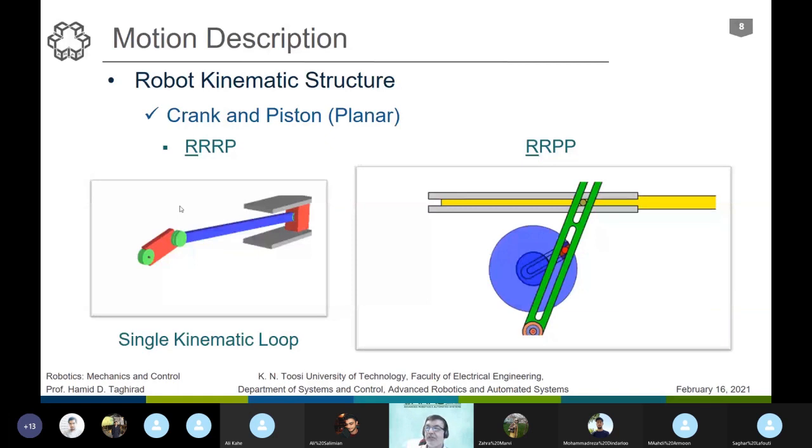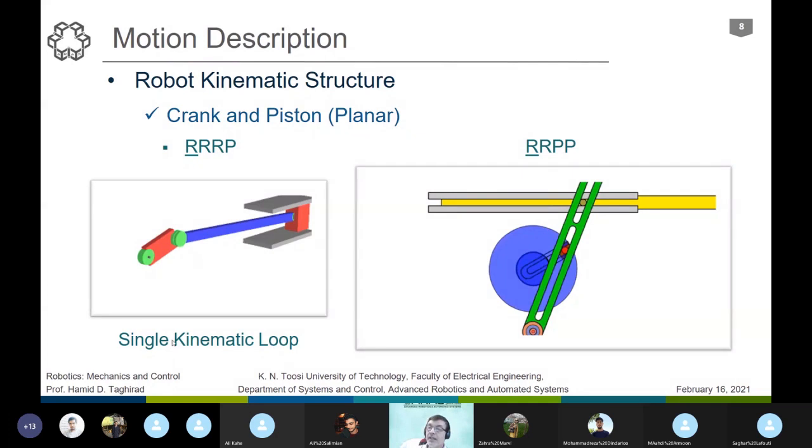So it has four joints here, RRRP structure. But it is enough to actuate just one single joint. It could be the R1, as you see here. We can put a motor here and then transmit it to a translational motion here. It is also called a single kinematic loop.